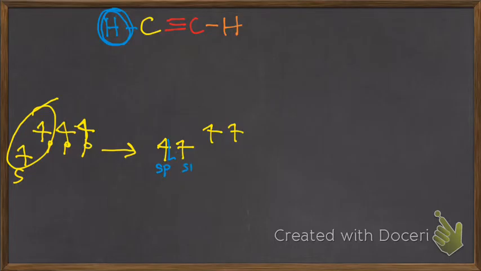But what's bound in there? That carbon. Okay. So what's in the other 2? What's in these 2 right here? Those are going to be the 2 pi bonds.